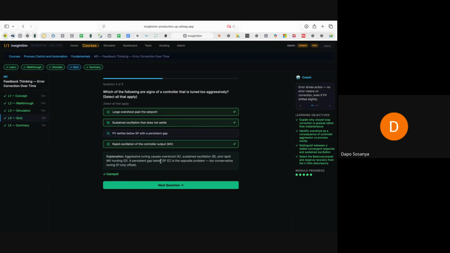So aggressive tuning causes overshoot, sustained oscillation, and rapid MV hunting. A persistent gap below SP is the opposite problem: too conservative tuning, P only. If you use proportional gain in your control, you have a sustained offset, right? And then the MV hunting. Do you know what this means?